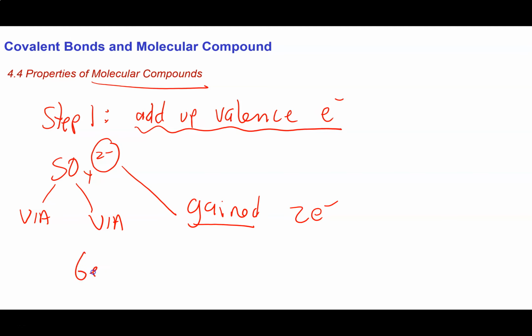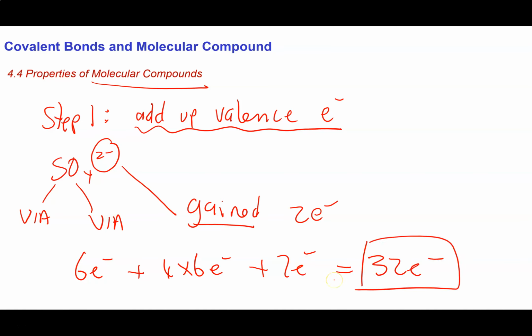So I get 6 electrons for the sulfur because there's 1 of them, and then I've got 4 times 6 electrons for the oxygens, and then I have to add in 2 electrons for the double negative charge. So 5 times 6 would be 30 plus 2, that would give me a total of 32 electrons.